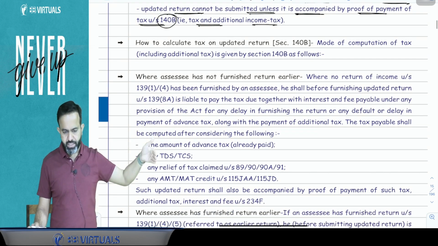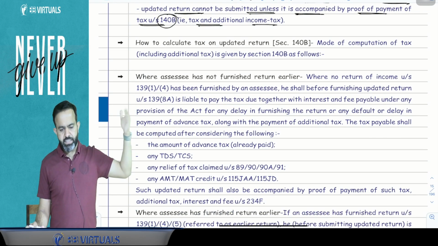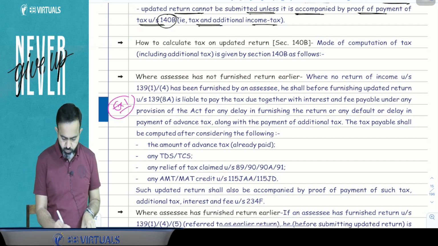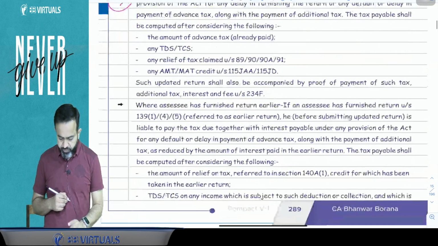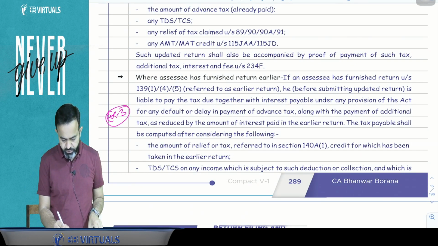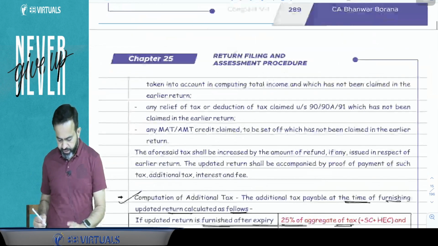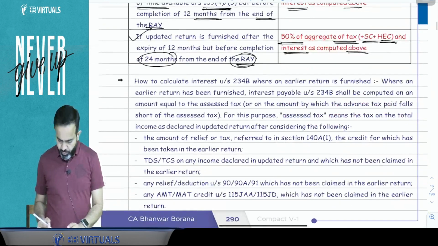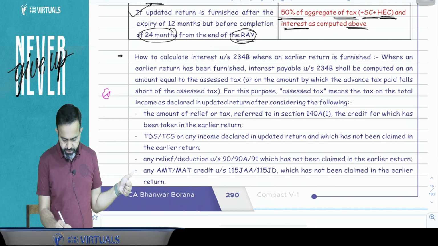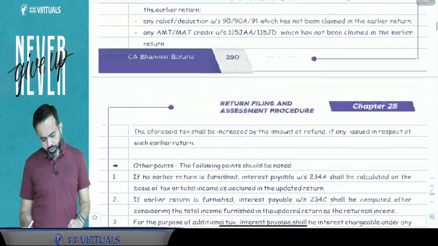Just calculate the tax and take the TDS, TCS, advance tax credit, which we already did in example number 1. And where the assessee has already filed the earlier return, this was your example number 3. So in example number 3, we already considered this part. Now how to calculate 234B, we already considered in example number 1 and example number 3. So through the examples, we already covered this part.